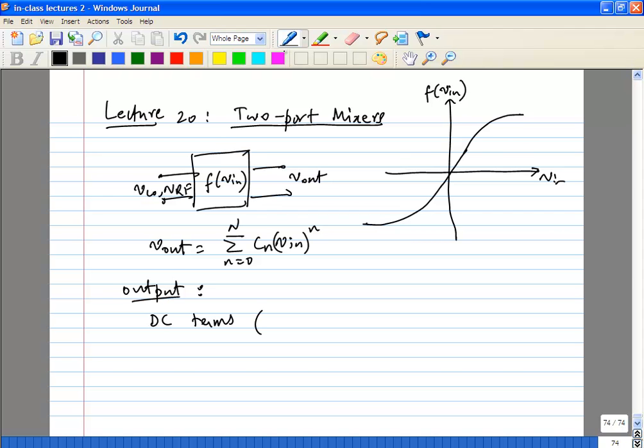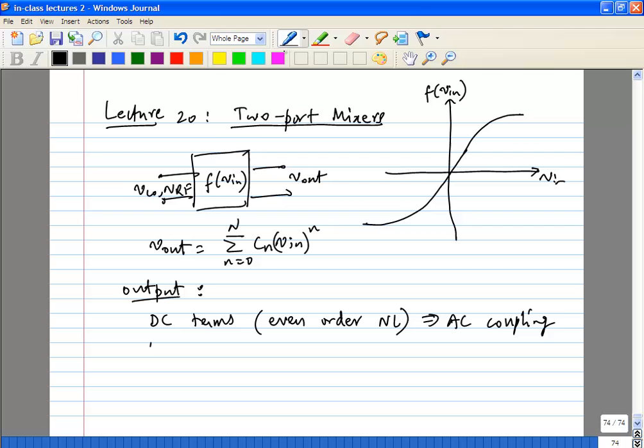Where do the DC terms come from? It comes from all even order nonlinearities, right? How do you get rid of it? AC coupling at the output.